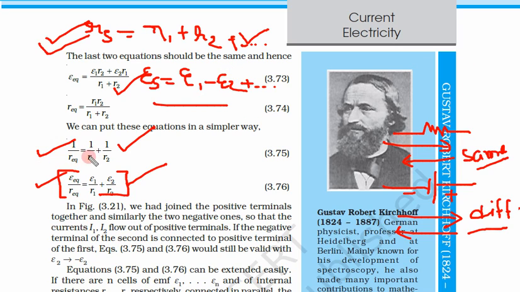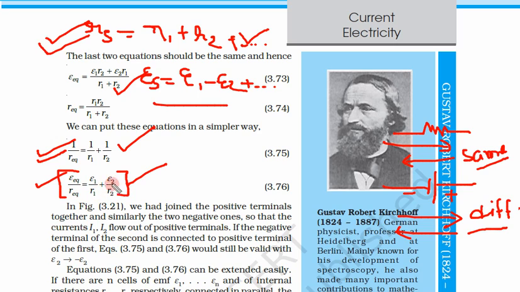Same here for resistances, there is no negative or positive, resistances are always positive. So this formula would not change if any battery is reversed, but this formula will change. Let us see what would happen in this formula. Here also you can see that resistances will not be negative, they will remain positive.